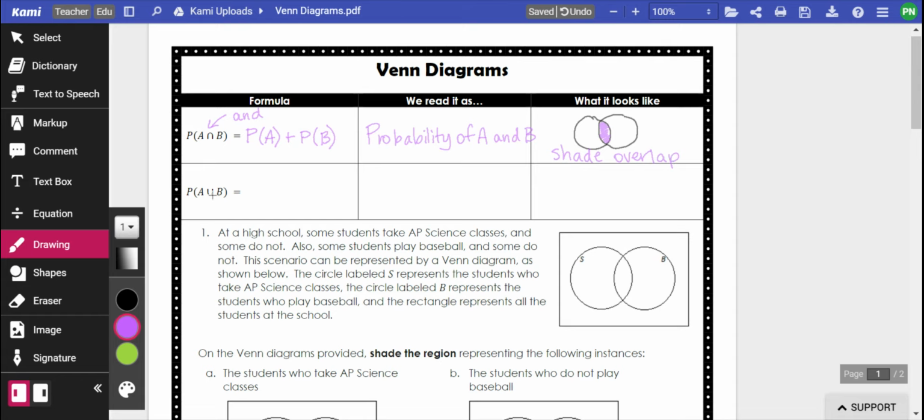Now this other one, this one that looks like a U, this is going to be our or statement. So this one has a formula and it's a little bit longer.